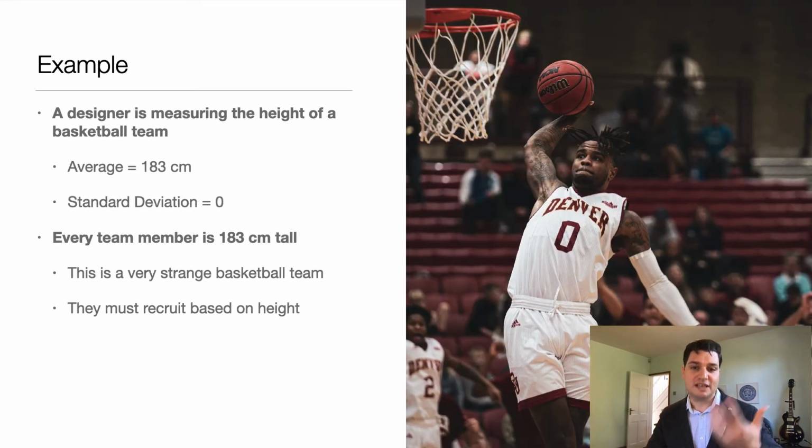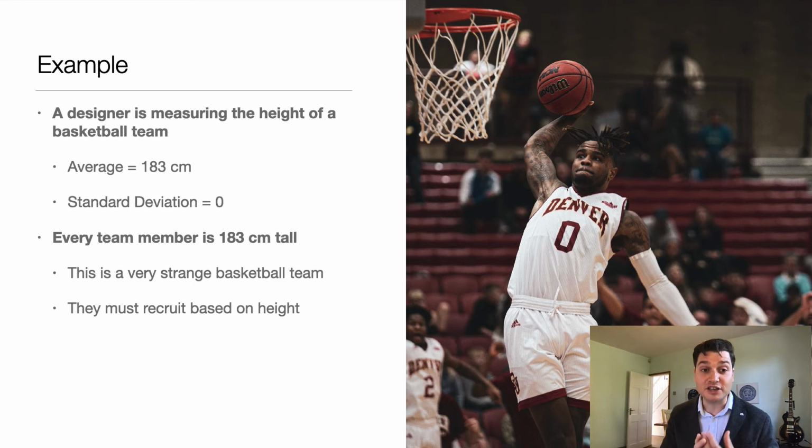Then we go to another team. So a designer is measuring the height of a basketball team. And the average height, again, is 183 centimeters, but the standard deviation this time is 0. So every single member of that team is 183 centimeters tall. This is a very strange basketball team because they are recruiting on height and not recruiting on talent.